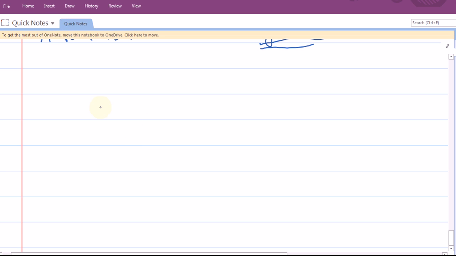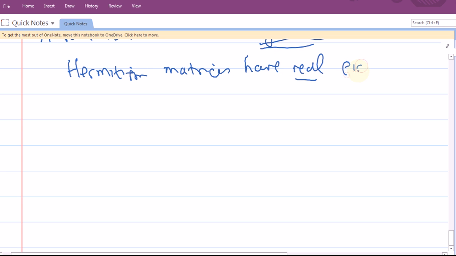As I said, what we're trying to prove is that Hermitian matrices have real eigenvalues.